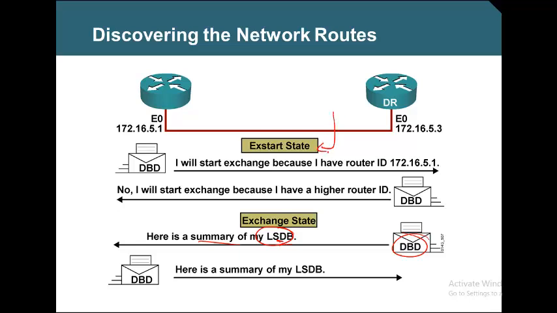So before exchanging, they have a discussion. A says, see, I am going to send you the DBD. B says, see, this is not fair. I have a bigger router ID. I have the higher router ID. So I will start exchanging. Then what will A say?